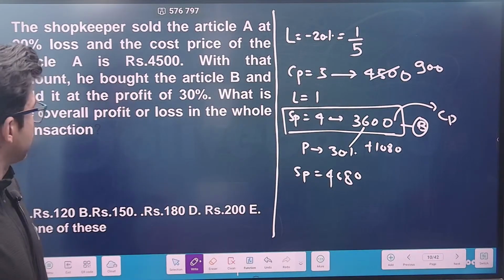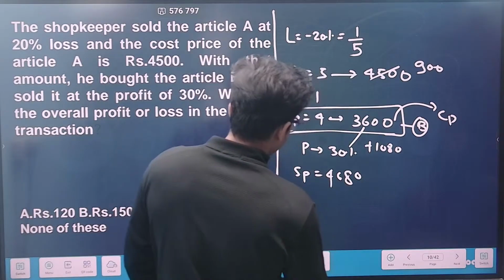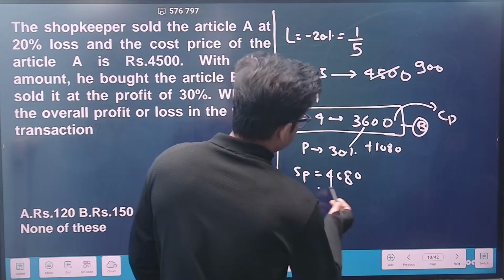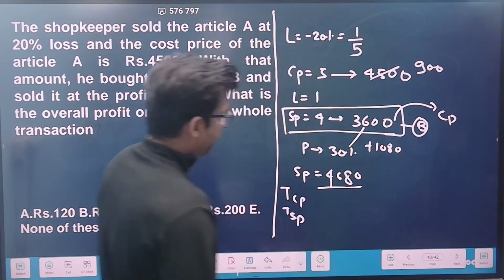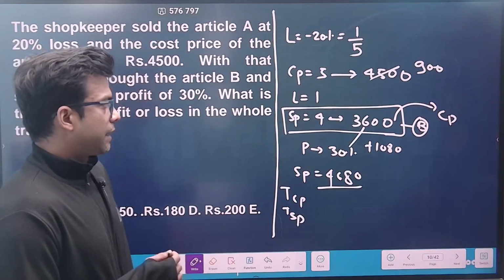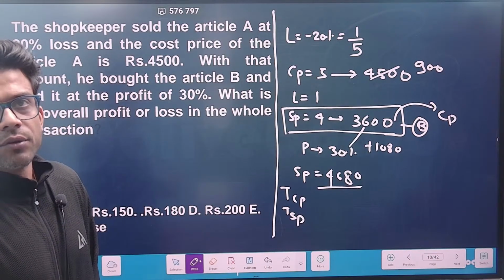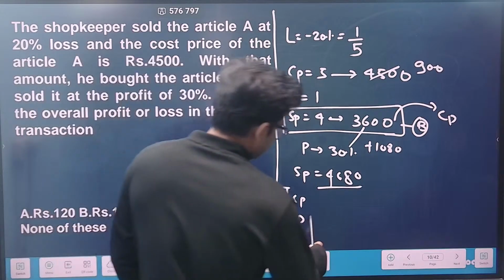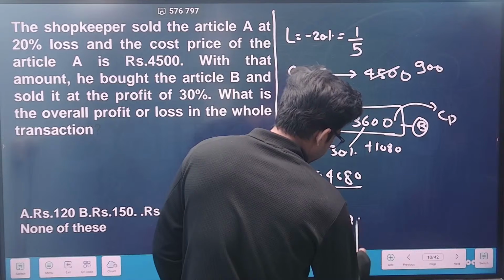Now the point comes, what is the overall profit? You need to figure out total cost price and total selling price. Selling price here is 4680 and the other selling price is 3600. If you add it, guys, you get a total selling price of 8280.